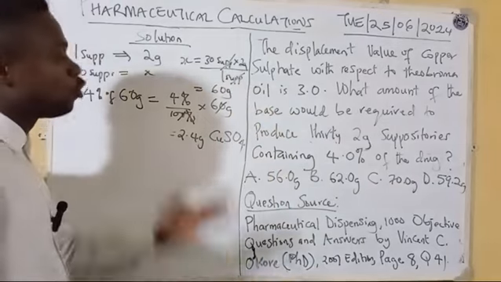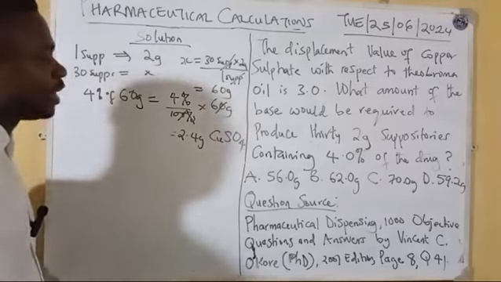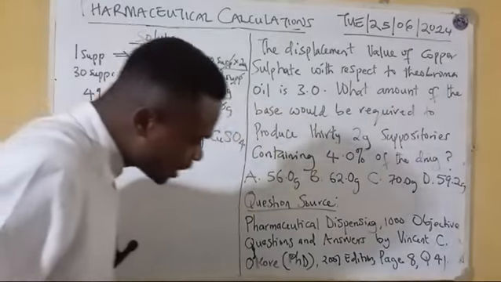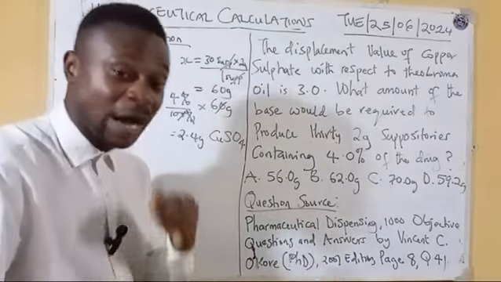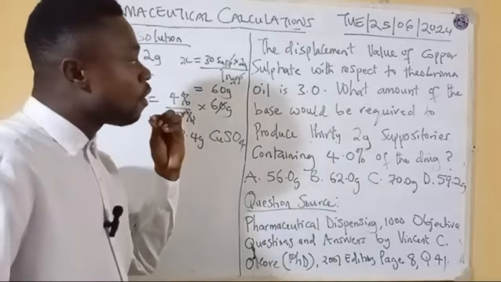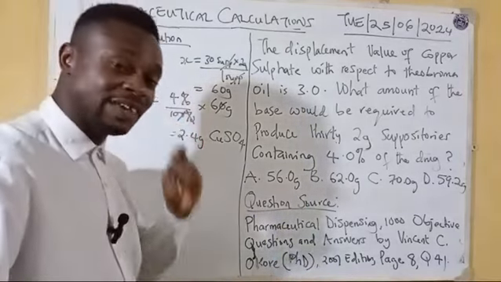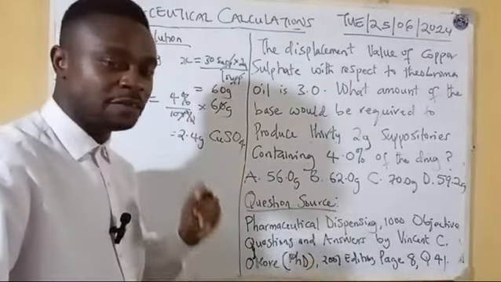What is displacement value? Displacement value of a particular active ingredient is the amount of the active ingredient that is required to displace 1 gram of the base.